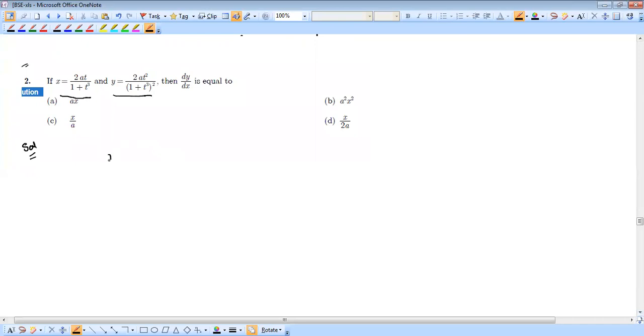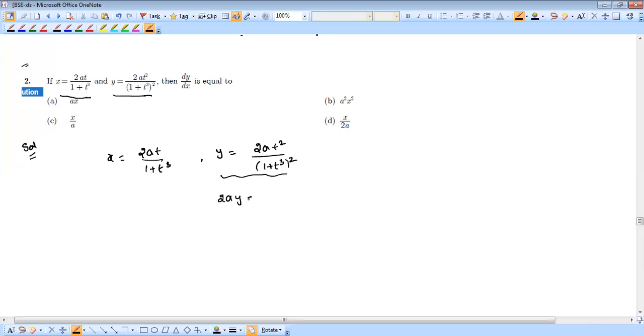Now, here x is equal to 2at by 1 plus t cube and y is equal to 2at square divided by 1 plus t cube whole square. See what I'm doing here, I'm multiplying with 2a on both sides.